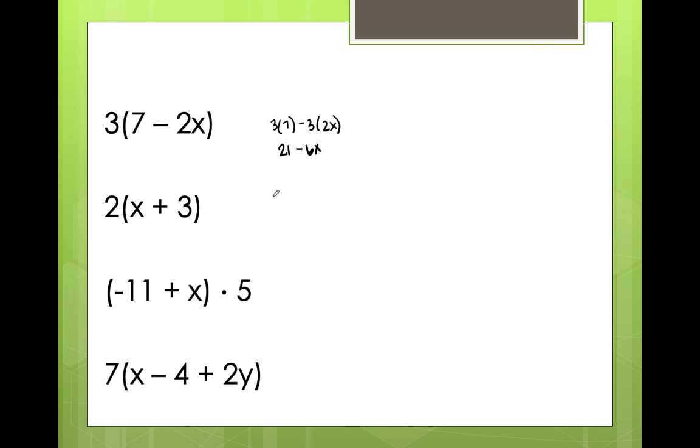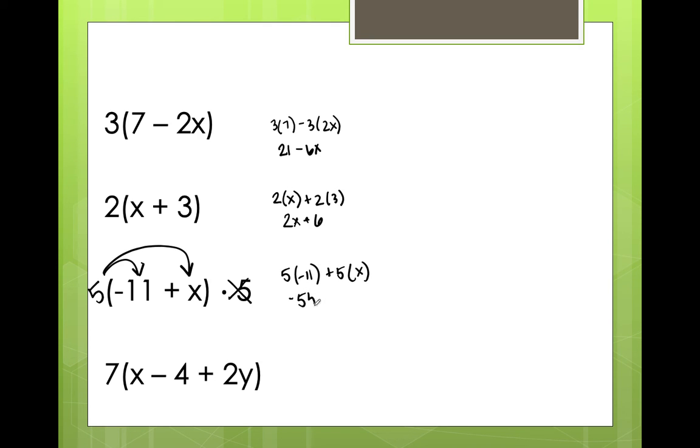For the second example, you would multiply 2 times x plus 2 times 3, which gives you 2x plus 6. For the third example, move the 5 to the front like we just did, and then go ahead and multiply 5 times negative 11 plus 5 times x, which gives you negative 55 plus 5x.